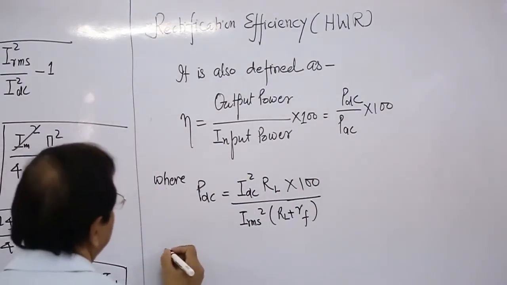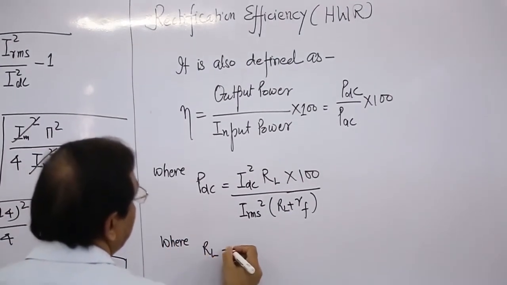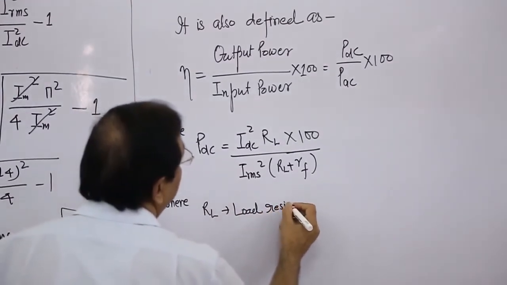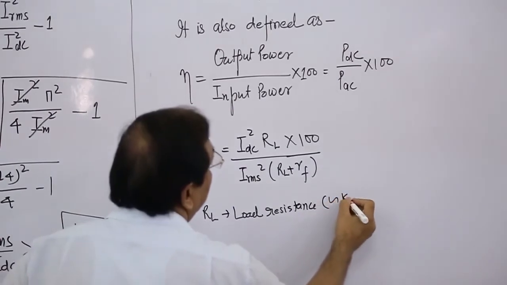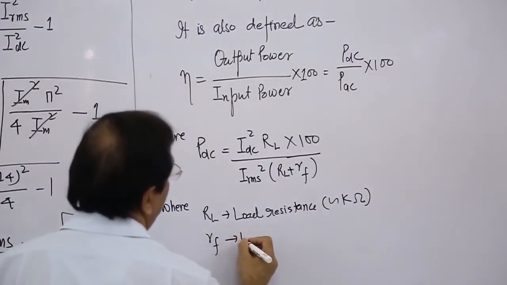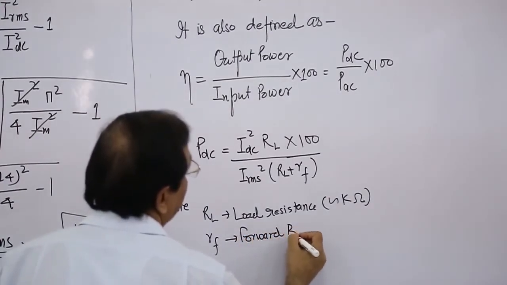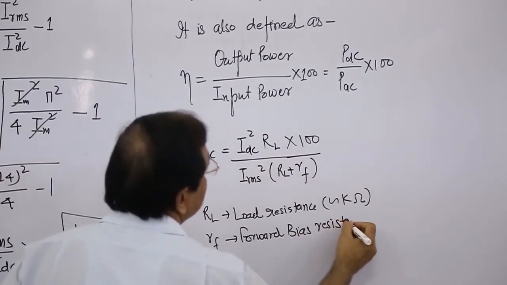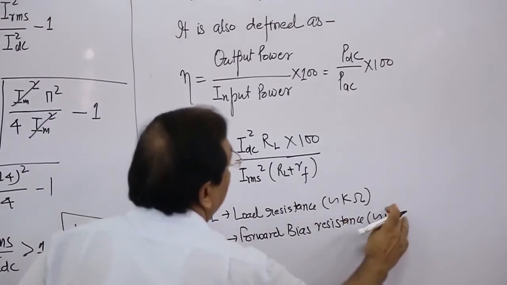where RL is load resistance, which is of the order of kilo ohm, and RF is forward bias resistance, that is of the order of 10 ohm.